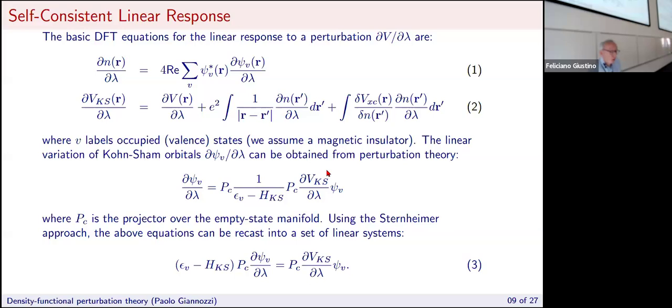In perturbation theory, it looks funny written in this way, but it's actually the same as a perturbation sum, in which you have a sum over unoccupied virtual states. So P_C here is a projector over the empty state manifold.